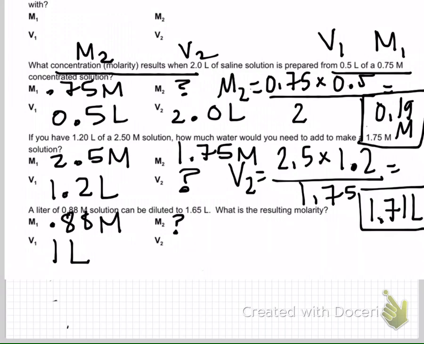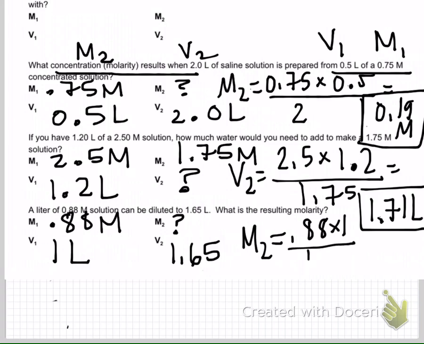And my final volume is 1.65. So again, to solve for M2, we're going to do M1 times V1 over V2. So that's going to be 0.88 times 1 over 1.65, and that is equal to 0.53 molar.